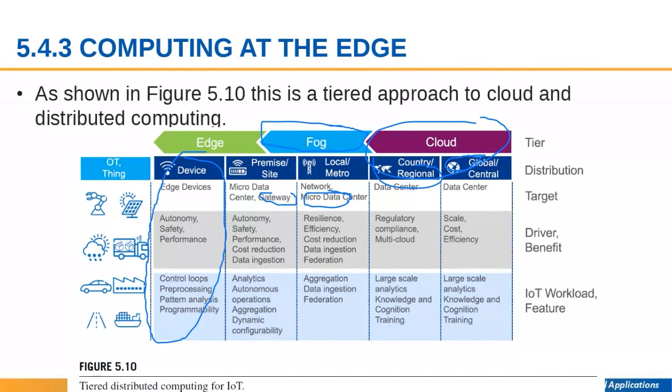The micro data center can be considered fog. Of course, sometimes the boundary is not that obvious. But that's the idea. Basically, we want to smartly distribute the storage and computation to every element in the network, not only the edge, not only the data centers, but also the resources between them.